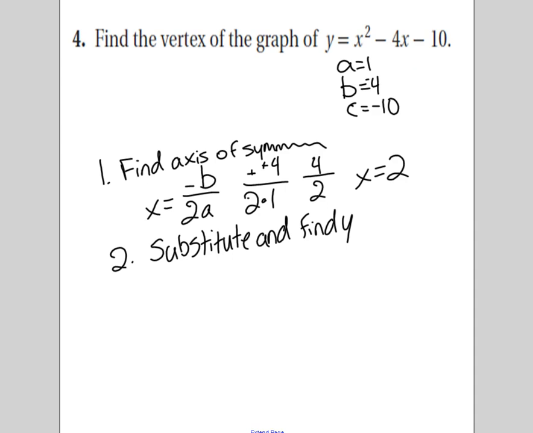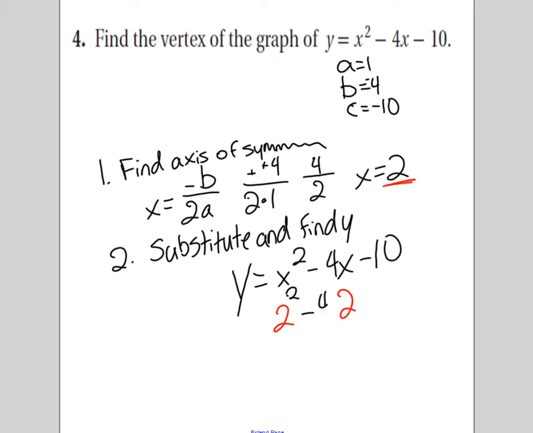So our formula is y equals x squared minus 4x minus 10. So what are we going to replace every single x with? With a positive 2. So we're going to have 2 squared minus 4 times 2 minus 10. And you're going to happily work that out.